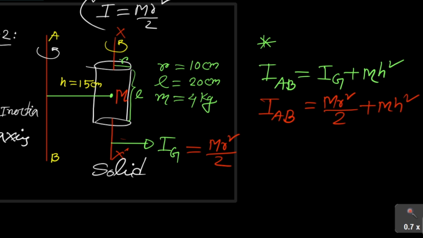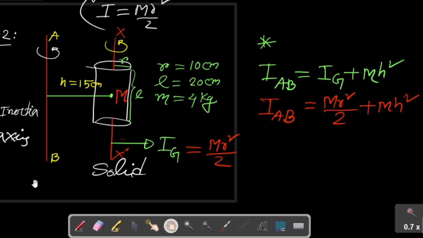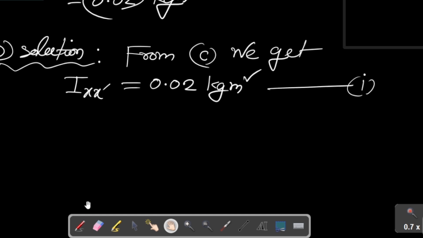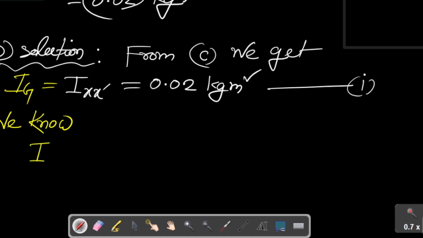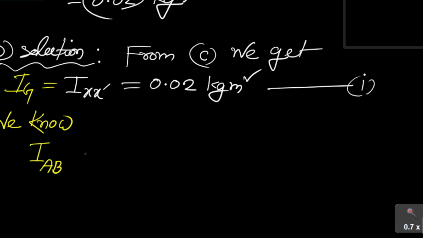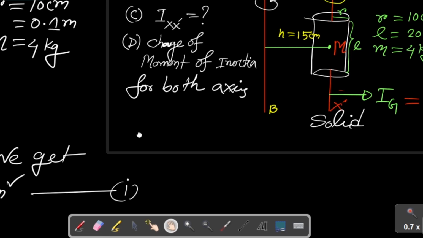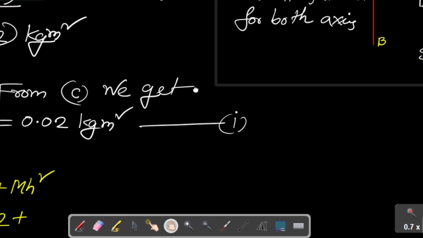Now our duty is to find out the moment of inertia with the help of this equation. We know the moment of inertia in case of the rotational axis AB is equal to Ig plus m s square. The value of Ig will be 0.02, the value of m is 4 kg, and the distance s is 15 centimeter.